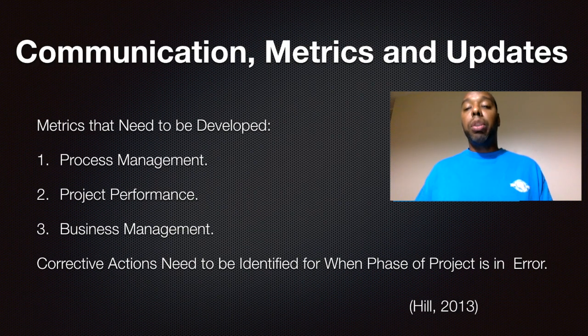Now, when you talk about communication, metrics, and updates, this is something that a program manager and a project manager would also need to do. They need to make sure that they have the right metrics in order to accurately monitor the program correctly, so that when they communicate, the right picture and the right information of exactly what's happening in real time is given, so that updates given on a regular basis to the stakeholders are accurate, thorough, and to the point.